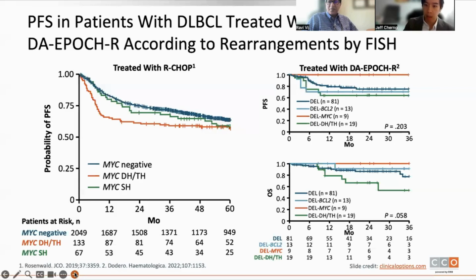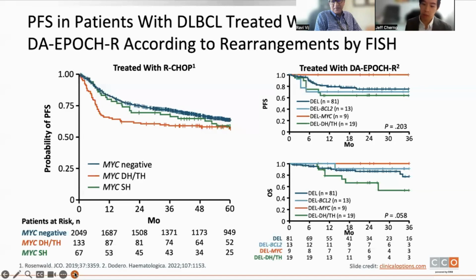Now, going back to what we mentioned earlier, what about the fraction of patients with high-risk cytogenetics, double hit lymphoma, a MYC rearrangement and a BCL2 rearrangement? There's quite a large body of retrospective data that suggests that these patients don't do quite as well in terms of progression-free and overall survival with standard R-CHOP alone.